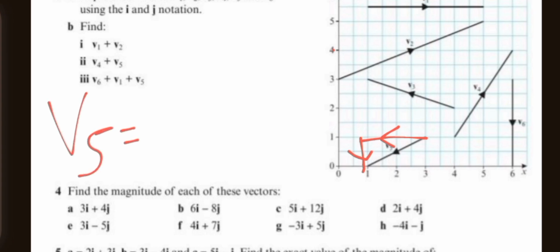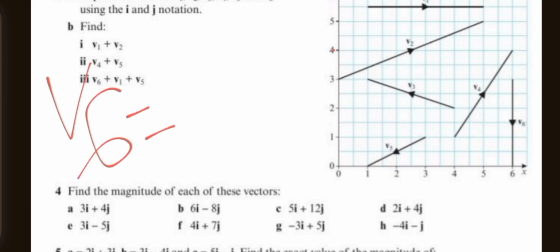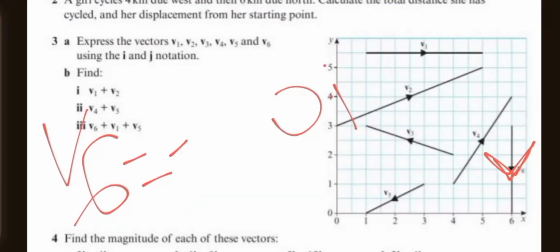V5 is minus 2i minus j. Now for v6. If we look carefully, it didn't move in any direction in the x-axis. So it's 0i, and its direction is opposite, and it's 3 units, so it's minus 3j.